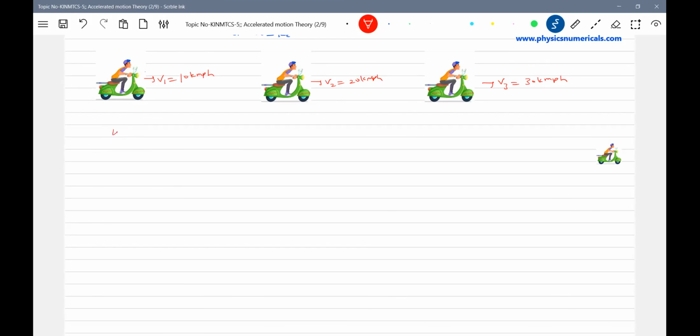So when the speed of a body increases, the body is said to be accelerating.